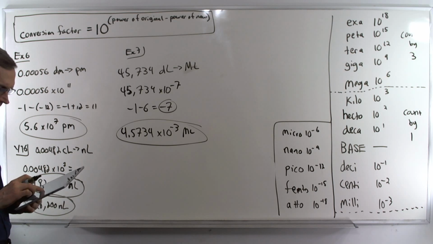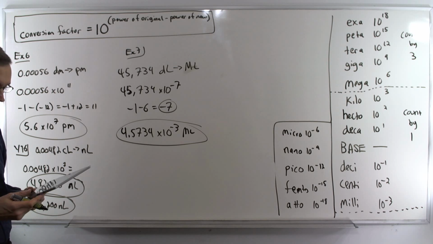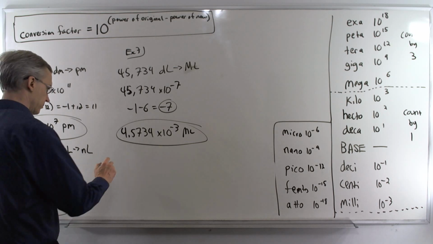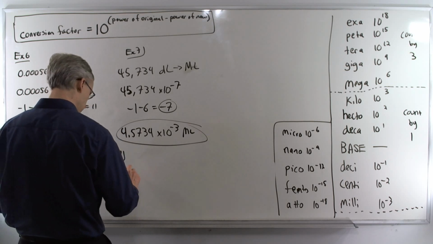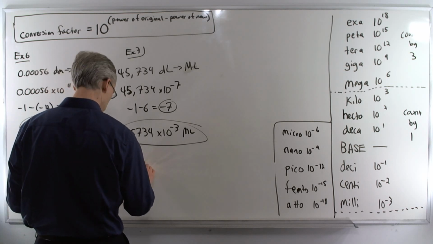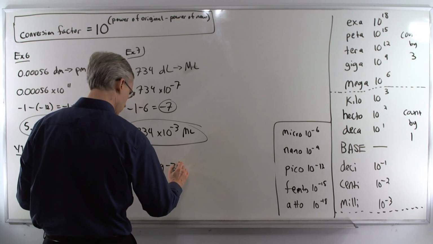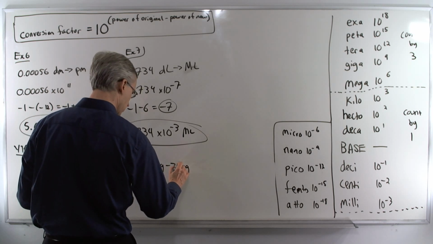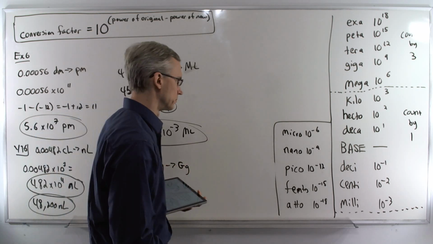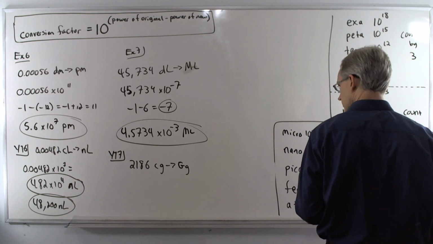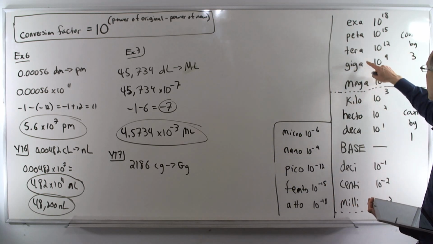Your turn, number 7. Change 2,186 centigrams to gigagrams. So starting here at centi, you need to get up to giga.